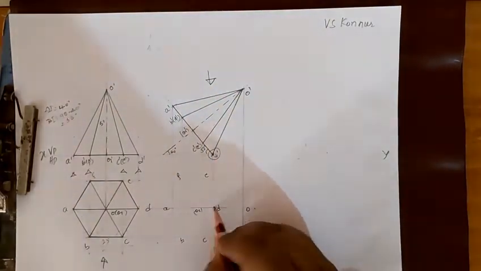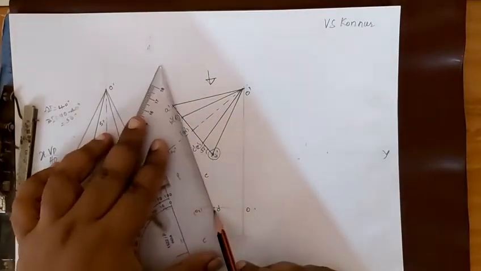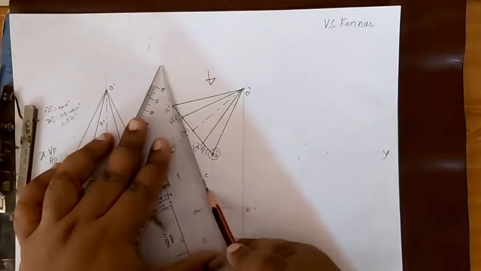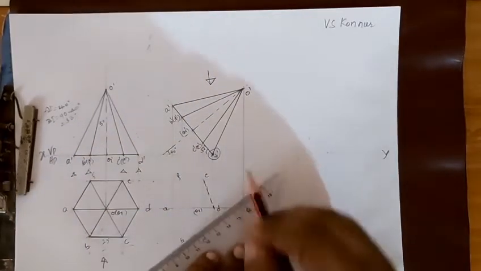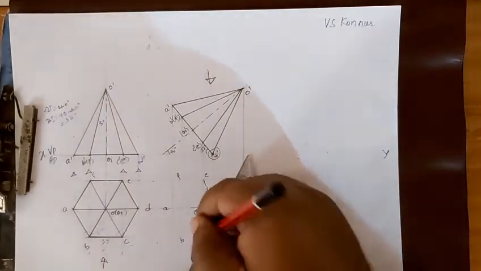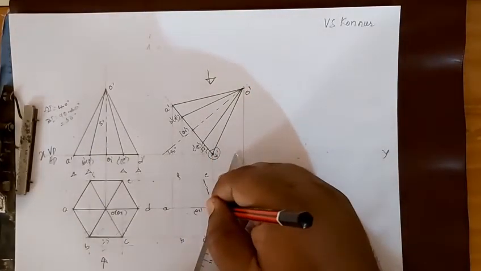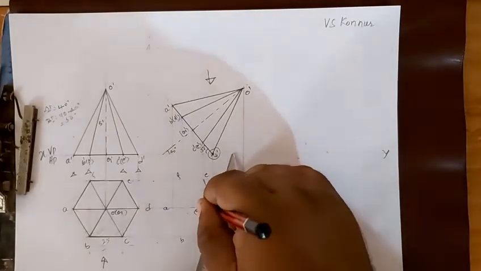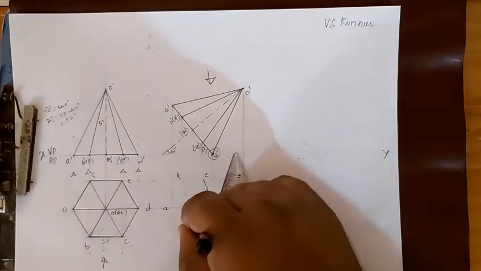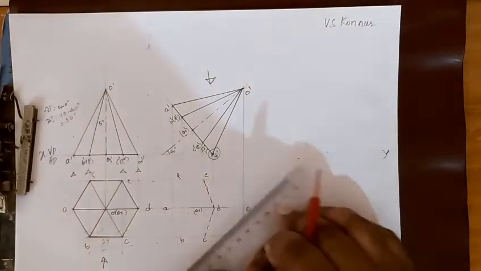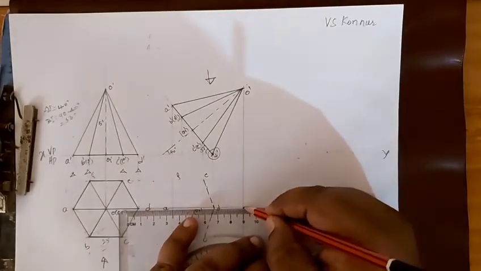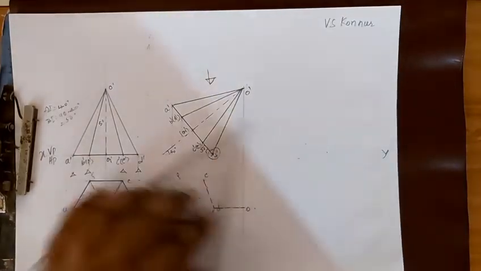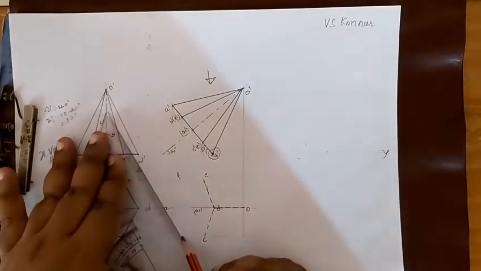So lines joining to D dash are dash lines, then all other points are continuous.